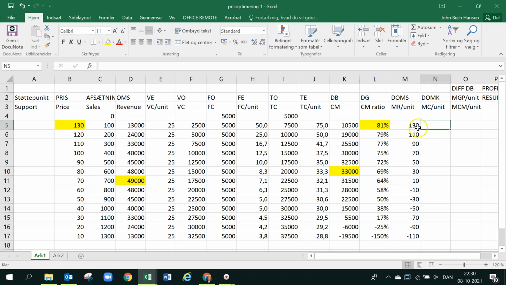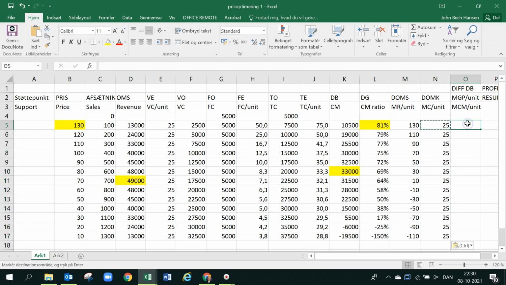Now I can calculate the marginal cost per unit. And that's quite easy because the marginal cost is the same in every step of 100. So I can just write 25 and copy that down.